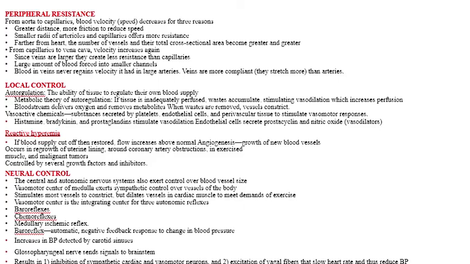The response is usually local, by histamine, bradykinin, and prostaglandin. These stimulate vasodilation, so there will be more waste excretion. Endothelial cells also secrete prostacyclin and nitric oxide, which dilate the vessels.